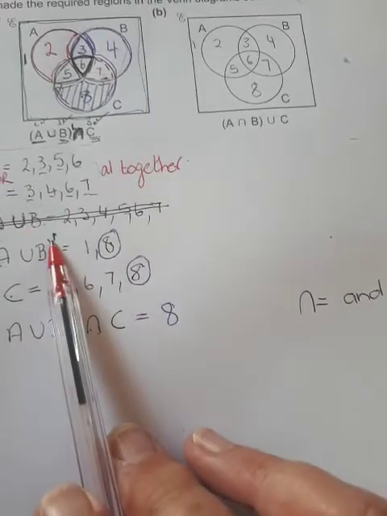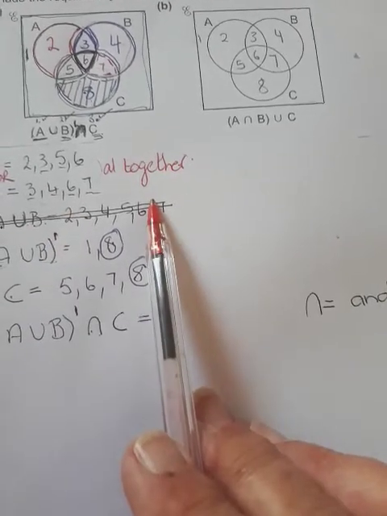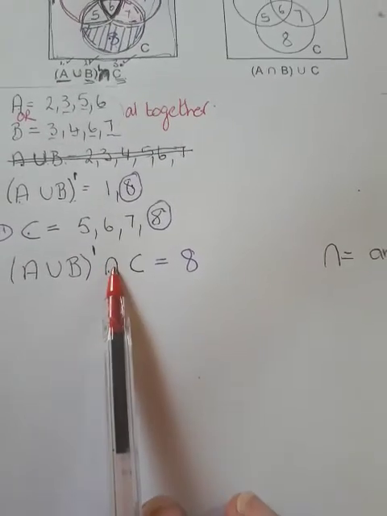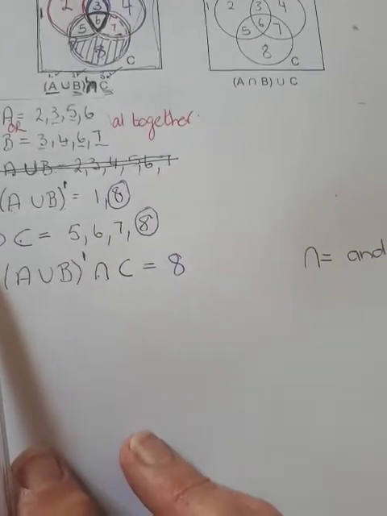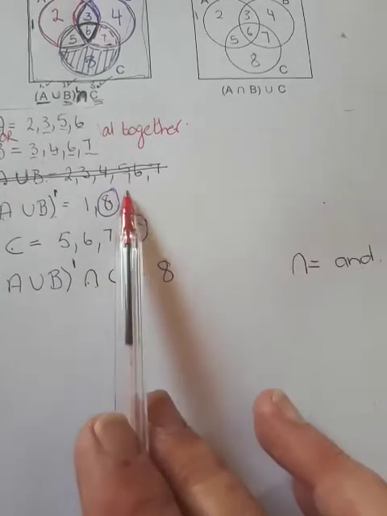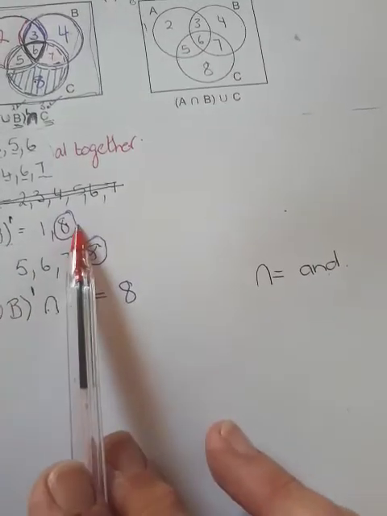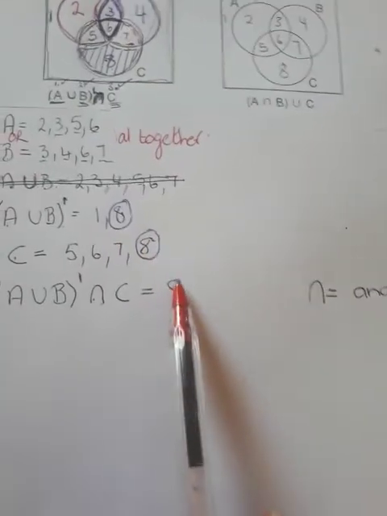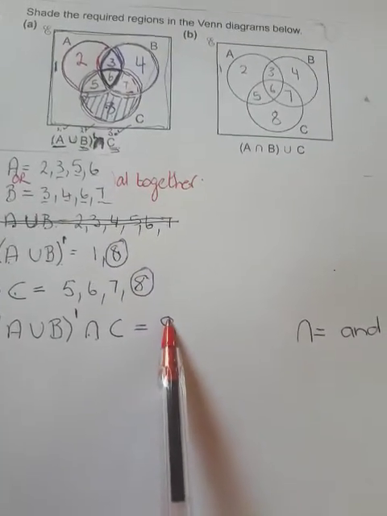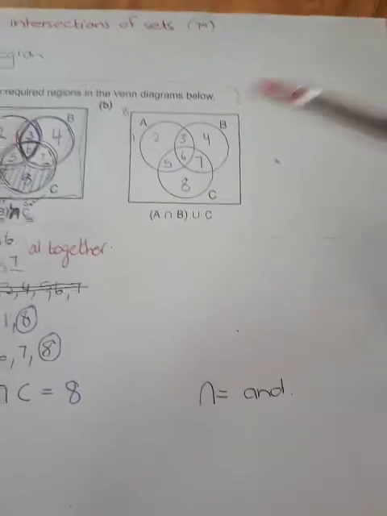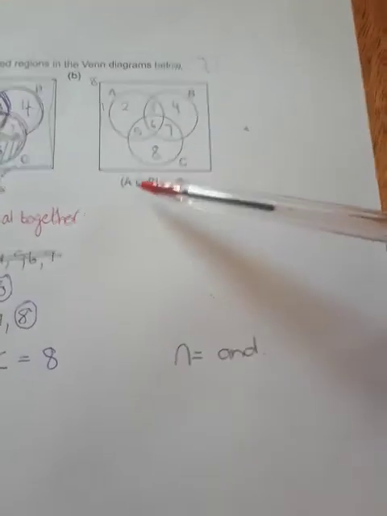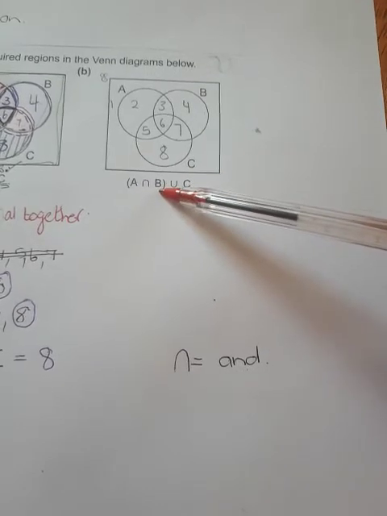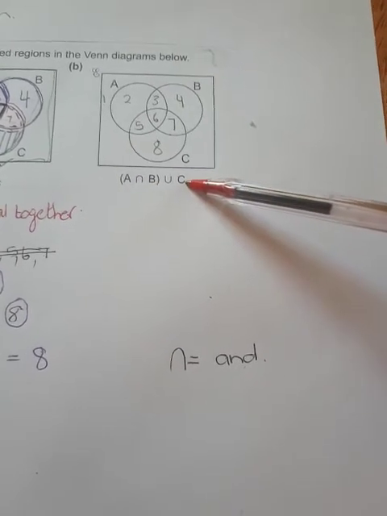Then the complement is everything that is not that. And intersection is and, so which region is in the first set and the second set? That is only 8. If you now copy this quickly, you can try the second one, A intersection B union C.